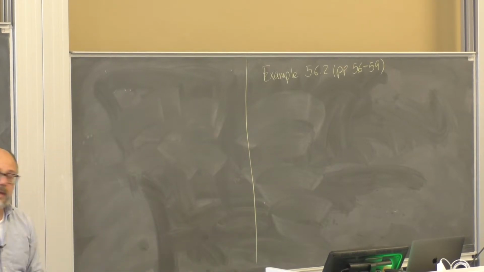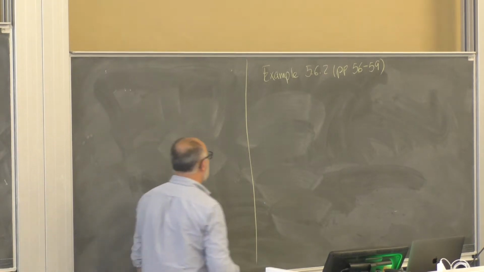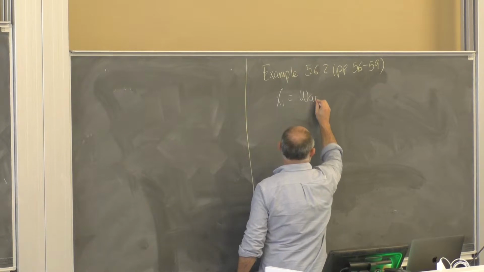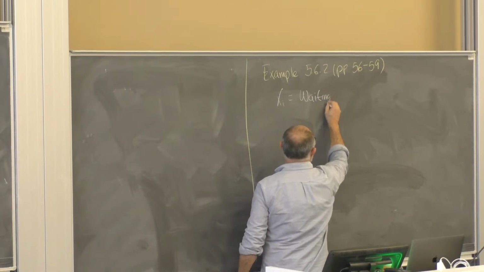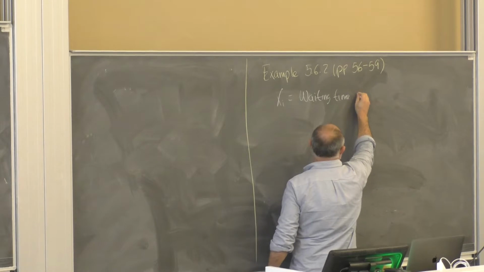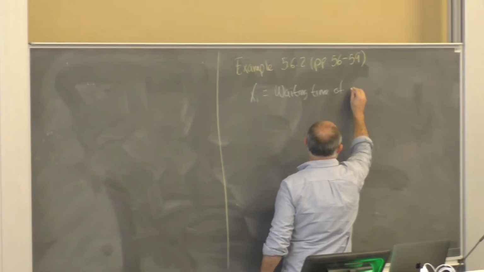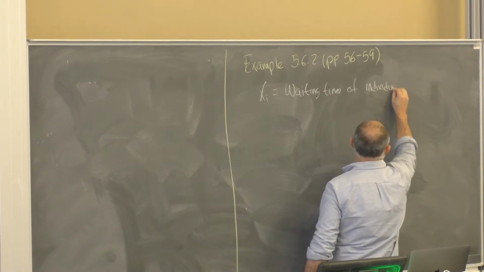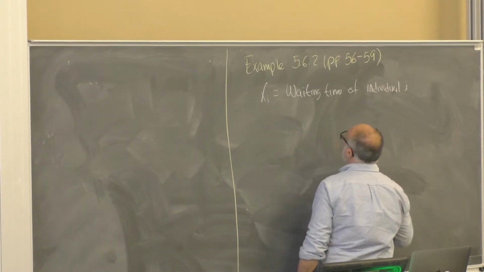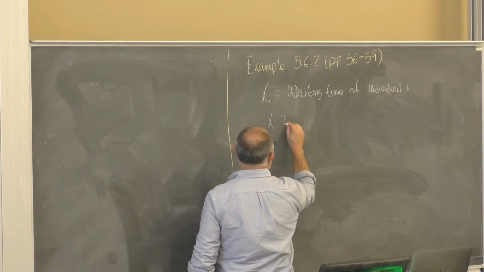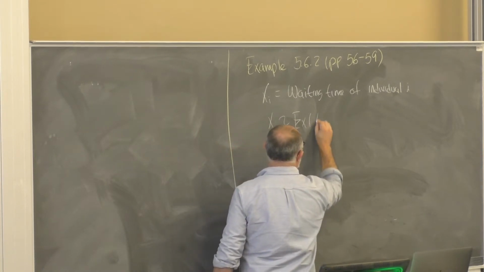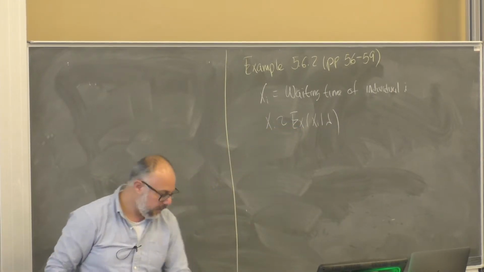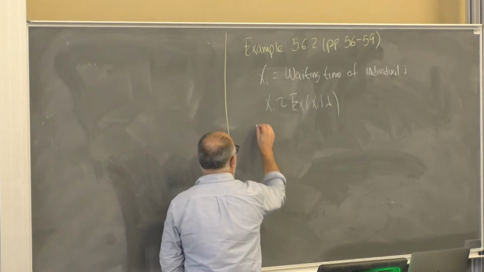Okay, and we're assuming that those waiting times are exponential with parameter lambda.